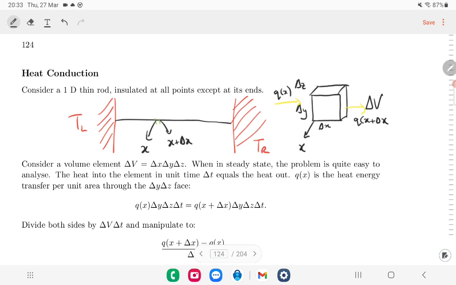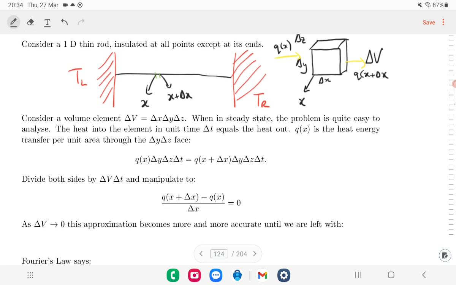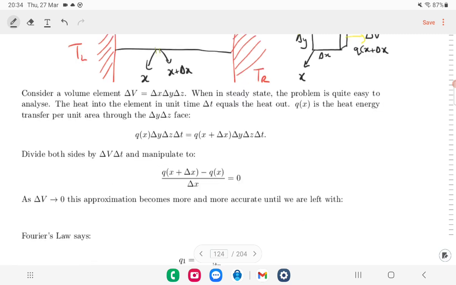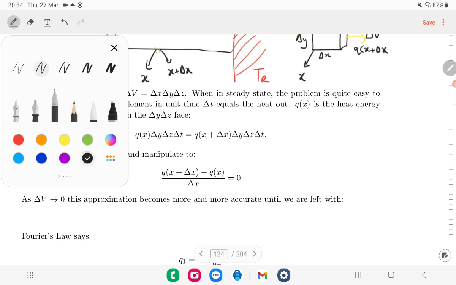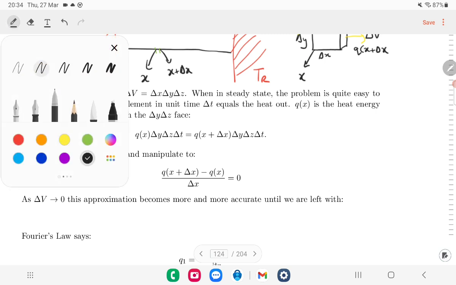So for this kind of calculation, you write something down, and you can divide both sides by delta V and delta T, and you end up with this thing here. Now this looks a little bit like a derivative, resembling f of x plus h minus f of x divided by h, of course. To make this more accurate, you take the volume element smaller and smaller.